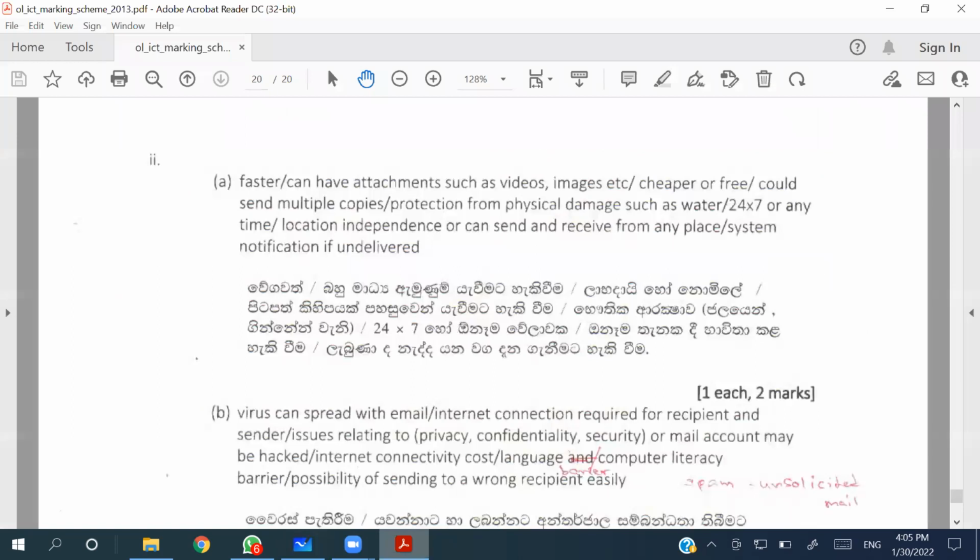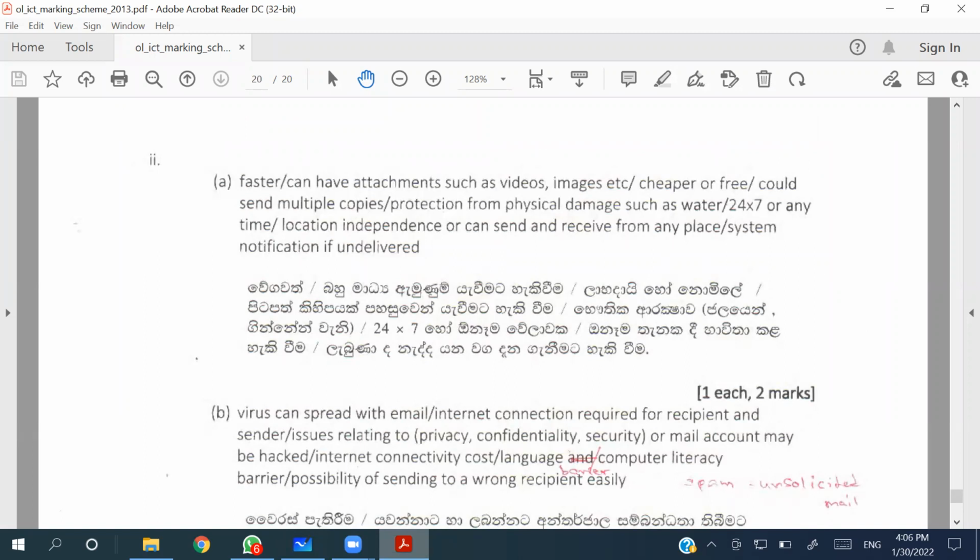Other than that, you can have these things. It is fast, it can have attachments, it is very cheap or almost free. Even you can send multiple copies at once, right?